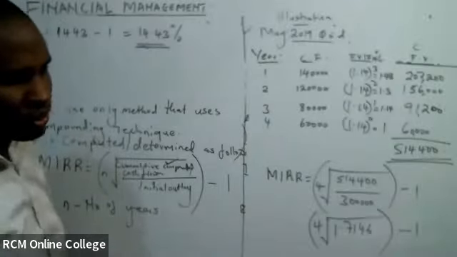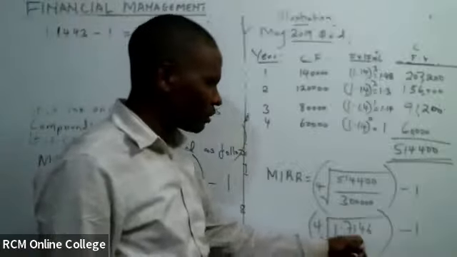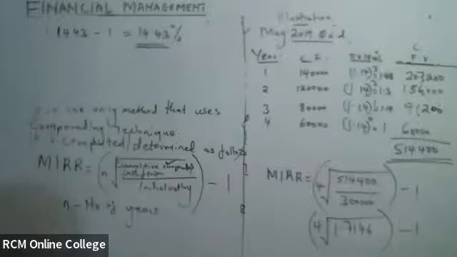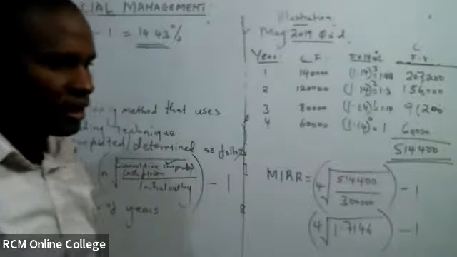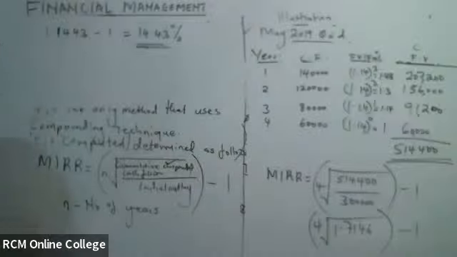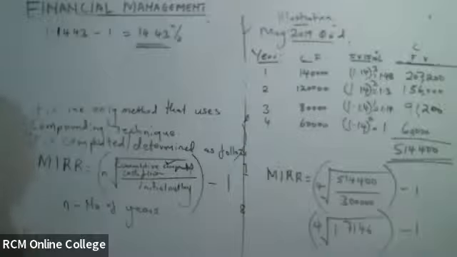So can you make sure that you are getting that? 1.7147, Grace anapata 1.7147, sawa, ni sawa tu. Now get the fourth root of that. Is there anybody who is not able to get the fourth root?